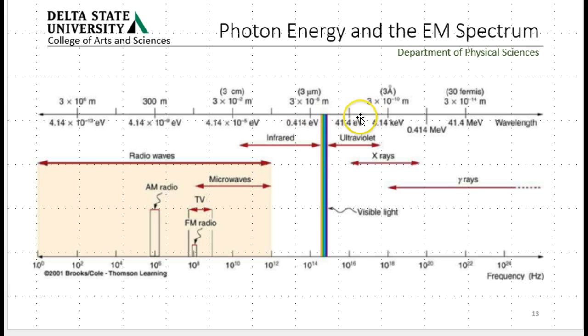Ultraviolet gets us up into the tens of eV, X-rays up in the 4 kiloelectron volts, and then gamma as we get into the mega, and on up into GeV, giga electron volts, right? And then of course down here in radio waves there's not much power at all.